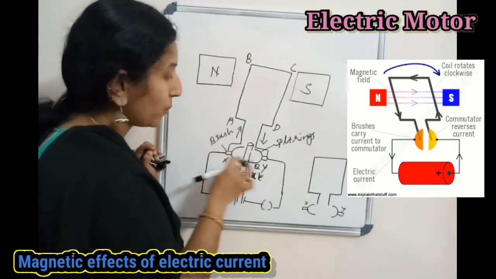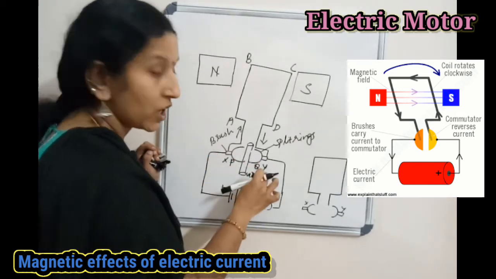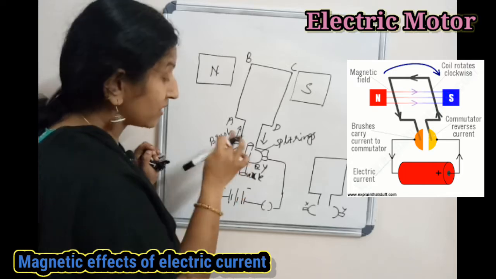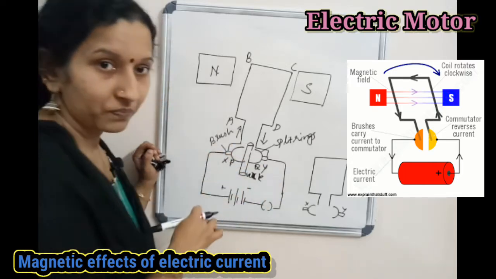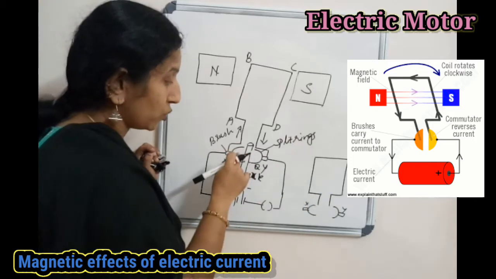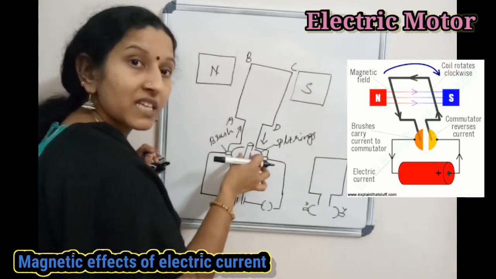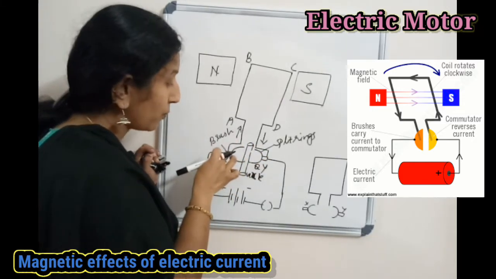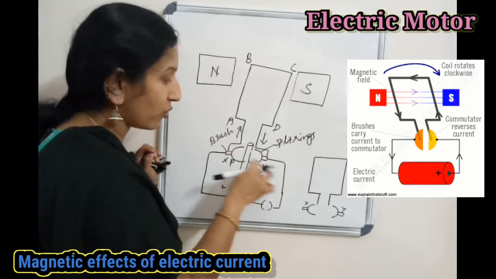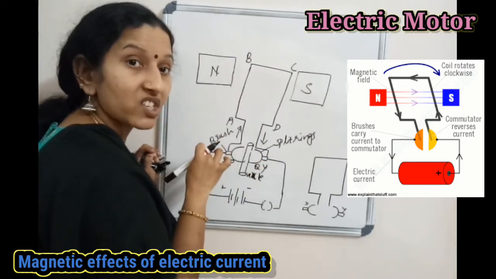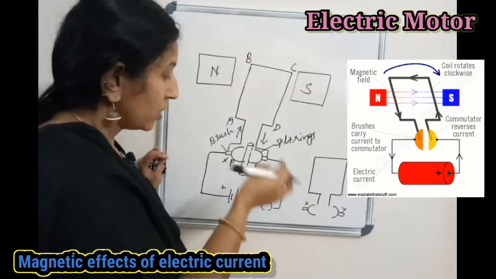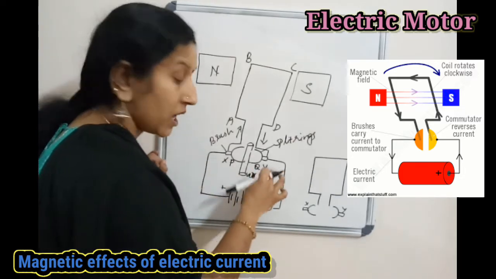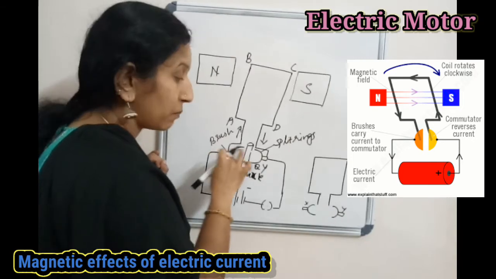You can see two brushes, X and Y, which are stationary brushes pressed on the halves P and Q. Stationary means not moving. That is also very important.